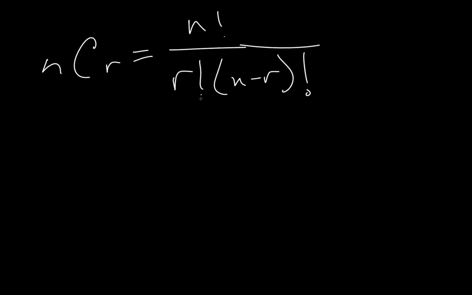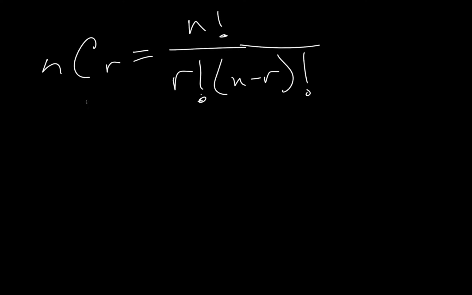Okay, this is a combination formula. These are factorials. And n is the number of things to choose from, and r is the number of things we're choosing.